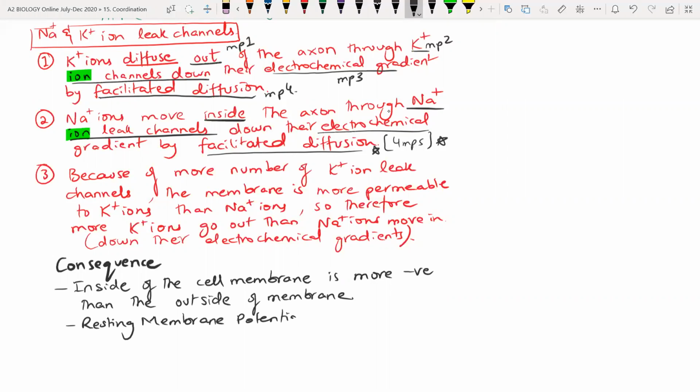And what's the value for this? Come on, give me the value. Minus 70 millivolts.